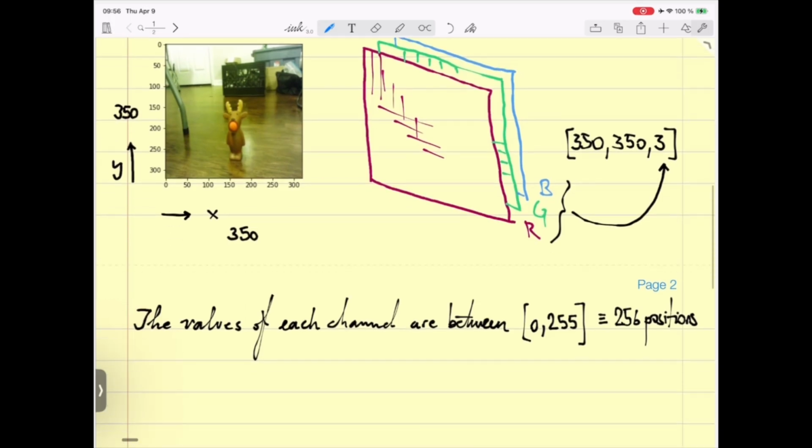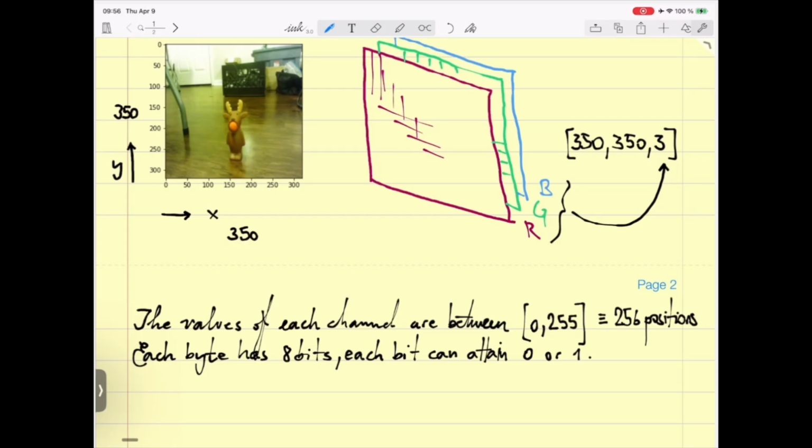The reason for this is that each byte has 8 bits. Each bit can attain 0 or 1. So 2 to the power of 8 equals 256.